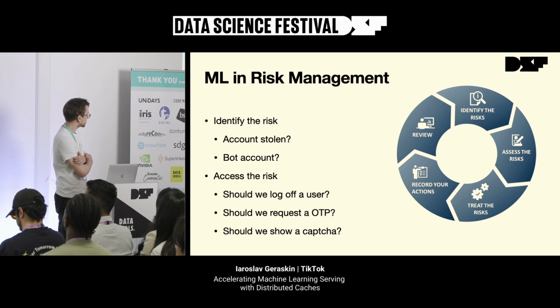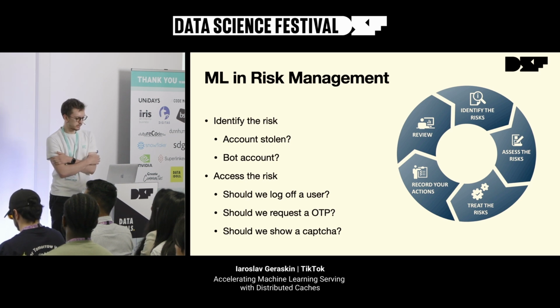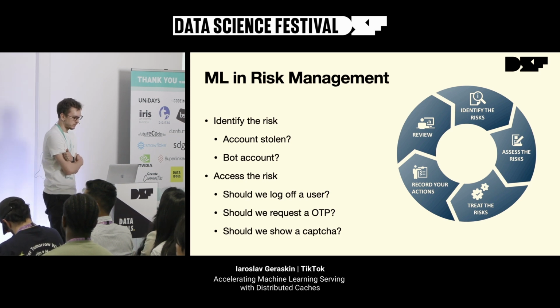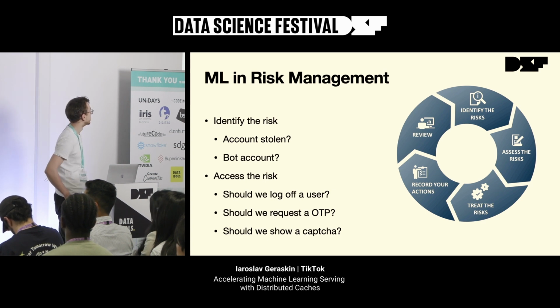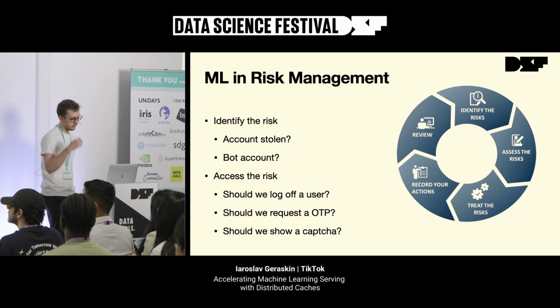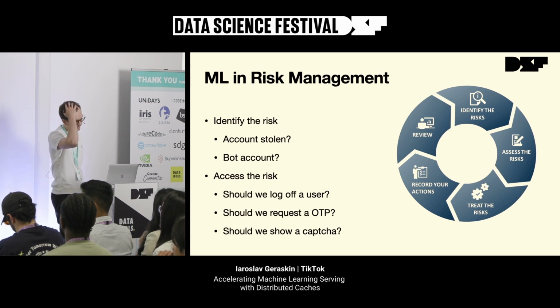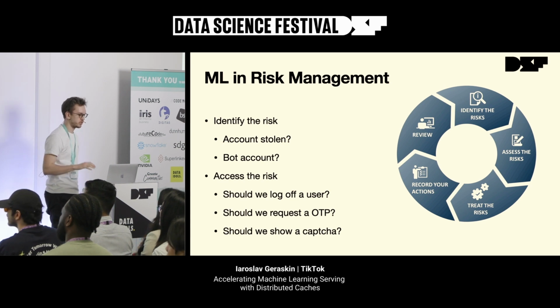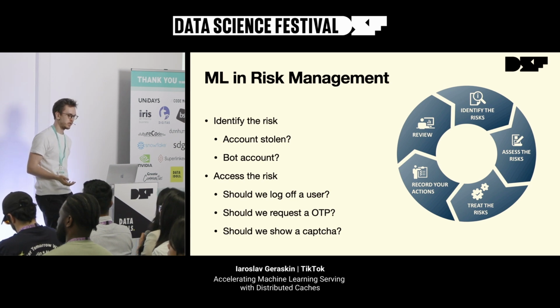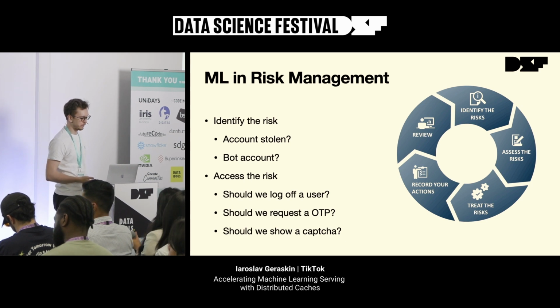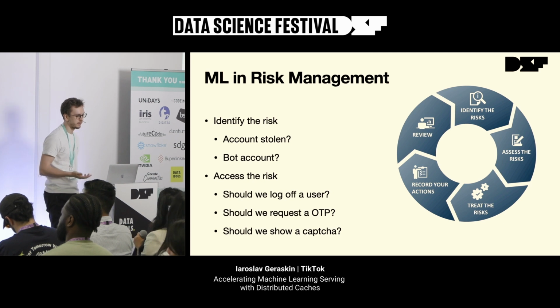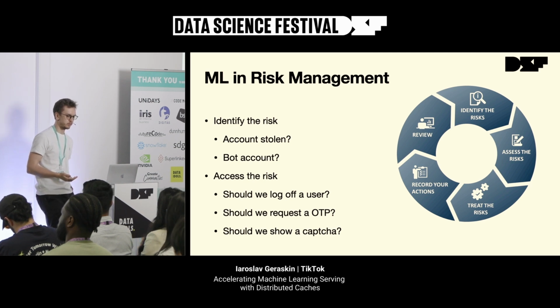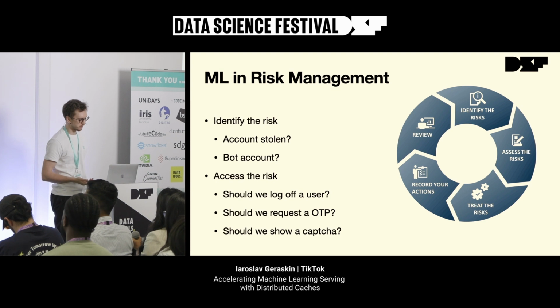Some of the use cases in identifying and assessing risks in social media environments are here on this slide. For example, maybe when some account changes its behavior a lot, we may suspect that this account is stolen, and we may use machine learning to suspect that an account is stolen. But after that, we may want to decide what to do with that information.